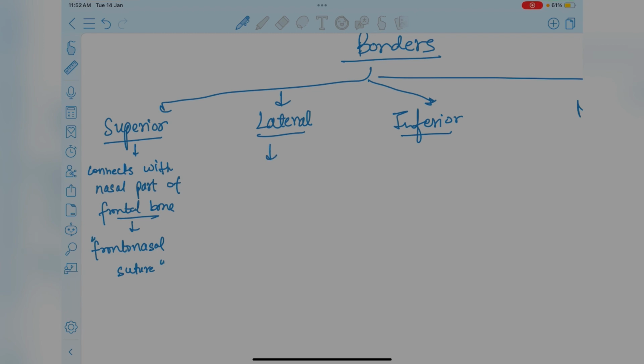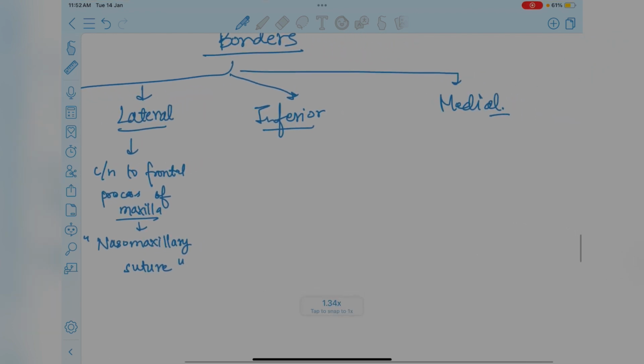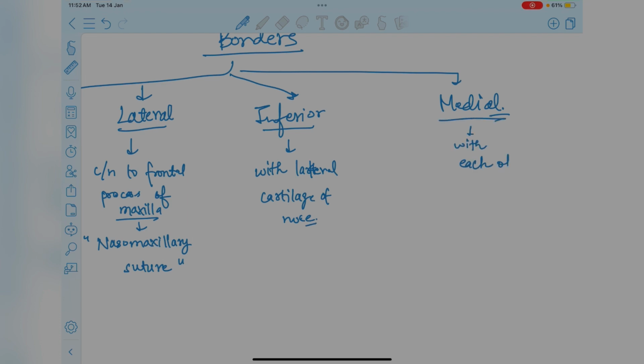Laterally, it will connect to the frontal process of the maxilla and will form the nasomaxillary suture. Inferiorly, it connects with the lateral cartilage of the nose, whereas medially they connect only with each other.